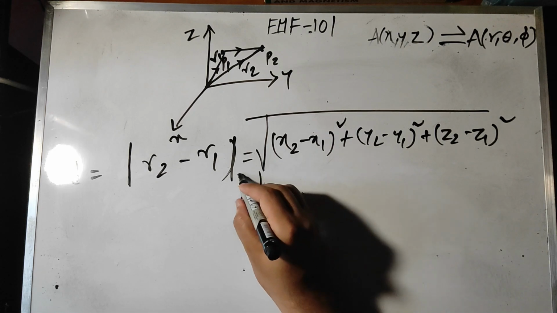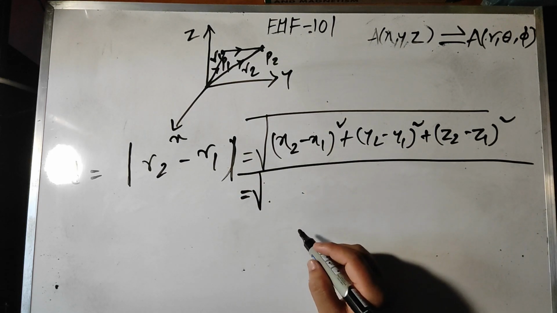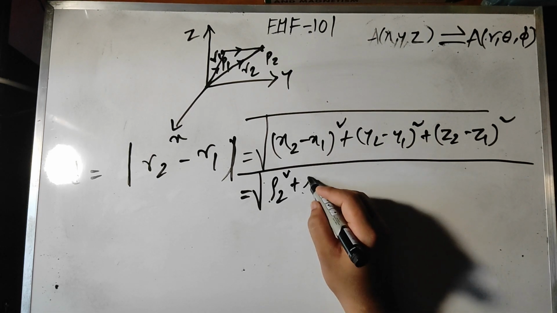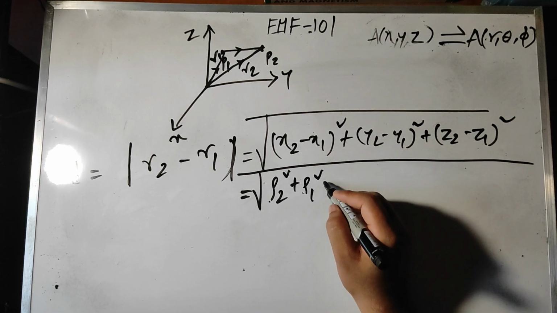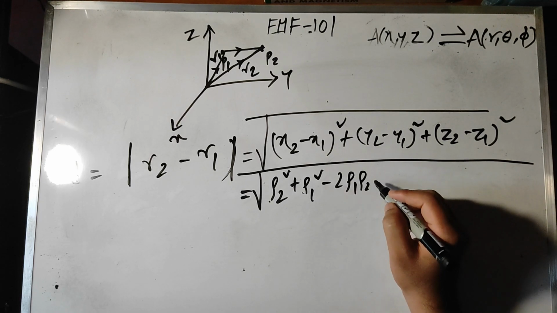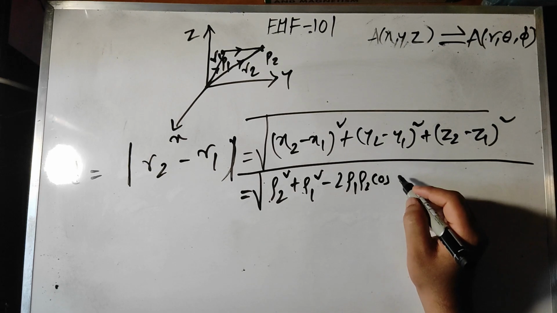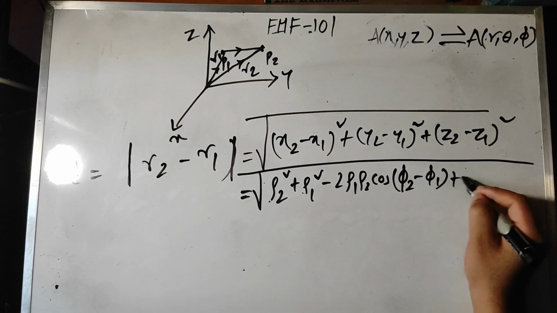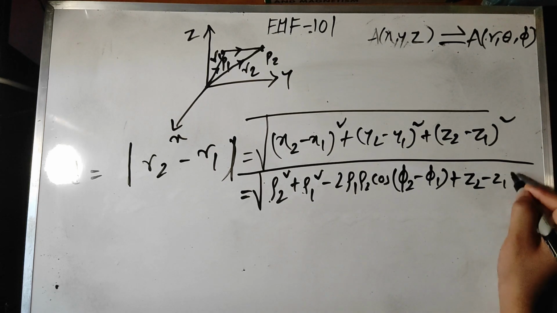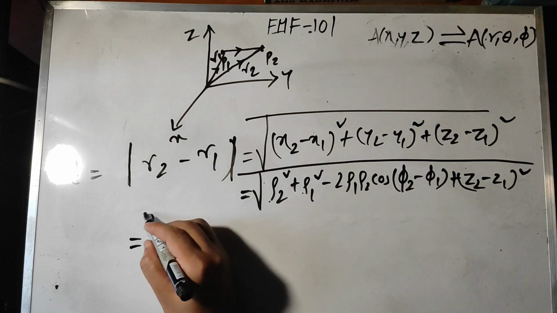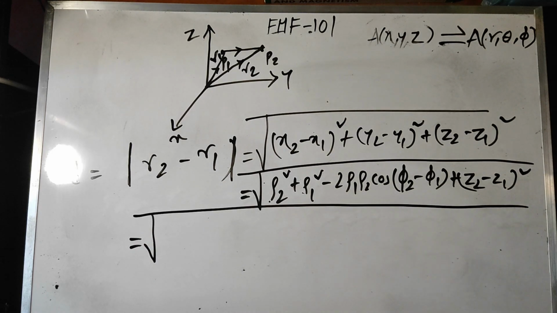In cylindrical it will be the square root of rho 2 square plus rho 1 square minus 2 rho 1 rho 2 cos of phi 2 minus phi 1 plus z2 minus z1 square. In spherical it will be larger.